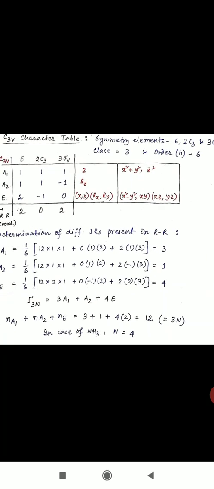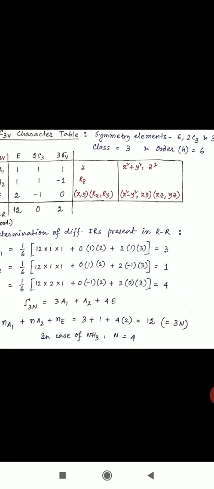But for your MSc exam, you have to remember these things, because in the exam it may come like that, just to write the C2V character table or the C3V character table, and how you form that C3V character table.